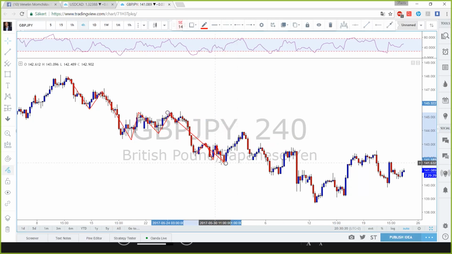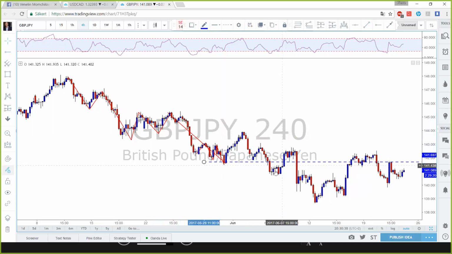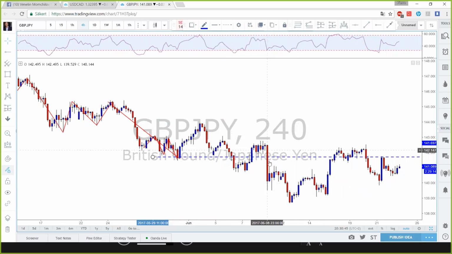Now you have your major low. You want to see this low broken for more to the downside. It got broken, then traded higher and got rejected very strongly with this huge candle that needed to break this low here.